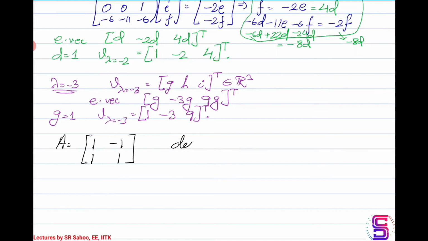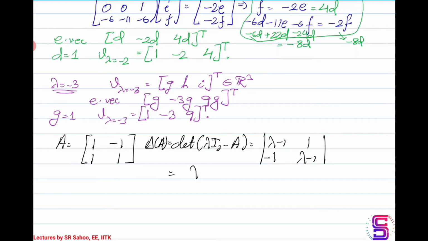So the determinant for the characteristic polynomial that we'll get is essentially lambda minus 1, plus 1, minus 1, and lambda minus 1. And this is going to give me lambda minus 1 squared plus 1. This is my characteristic polynomial.